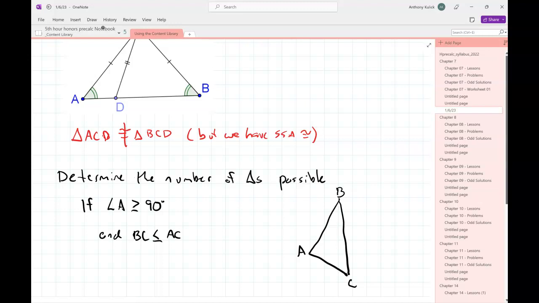So if angle A is not acute, what kind of triangle do we have?